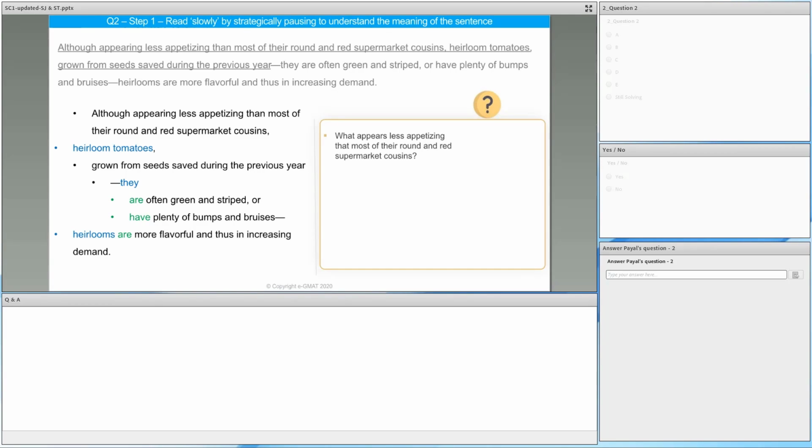I'm going to wait until I at least get a full shot of answers. Okay, good. So it seems pretty clear to everyone that it's heirloom tomatoes. Awesome. Now, new leading question. What are grown from seeds saved during the previous year?